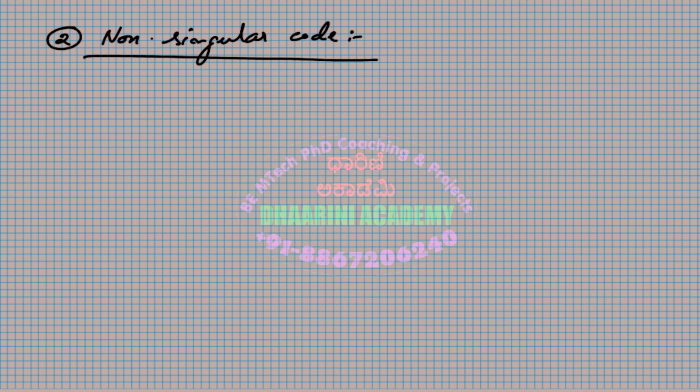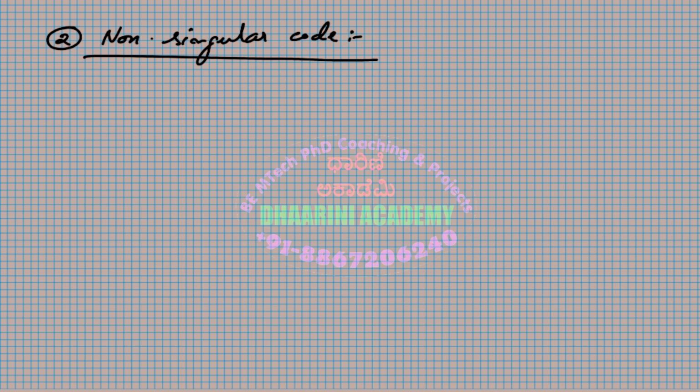You call it non-singular if and only if all the code words are distinguishable from each other. Each and every code word should be distinguishable.